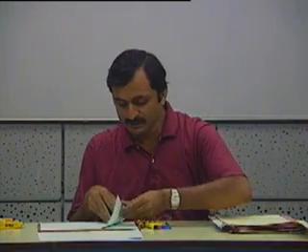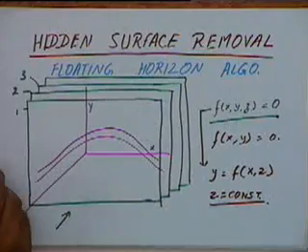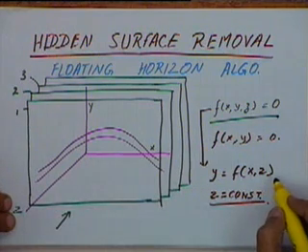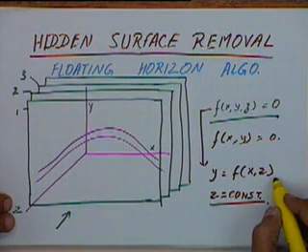Okay. Now this algorithm we've so far been applying for cases where the surfaces can be represented in this mathematical form. That means my surface can be represented by a mathematical equation like this.